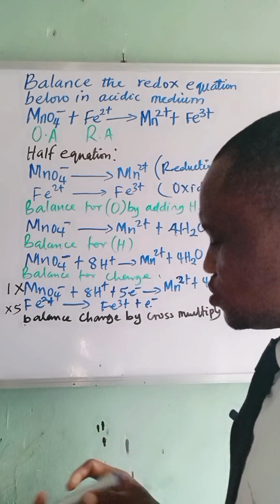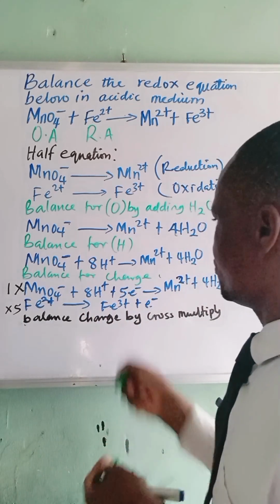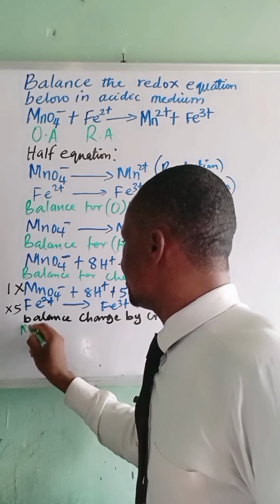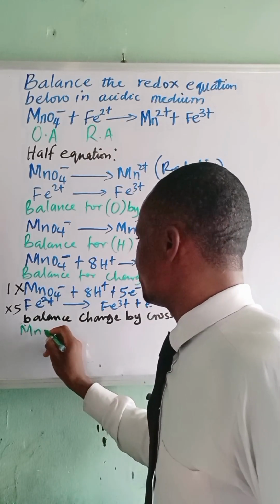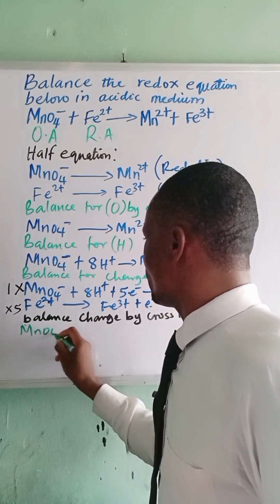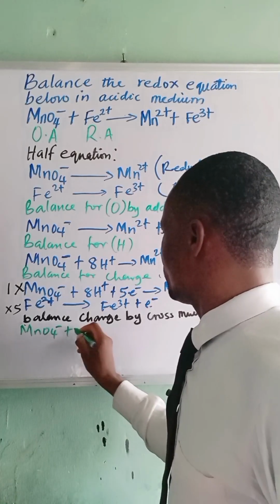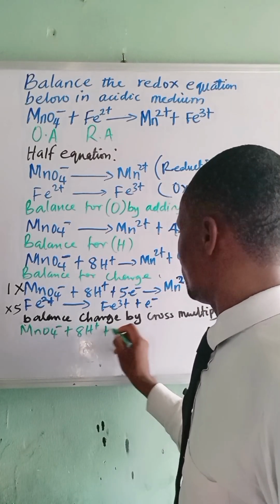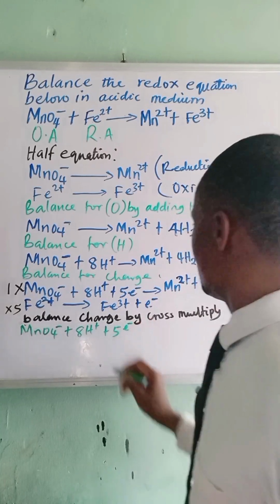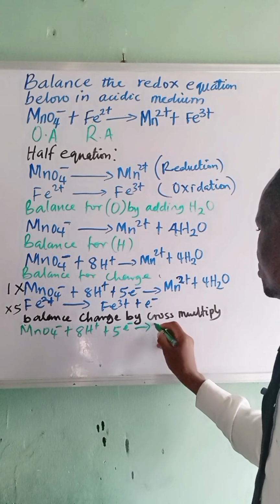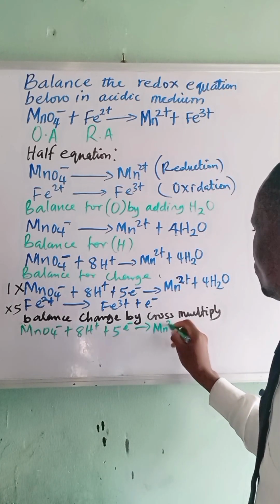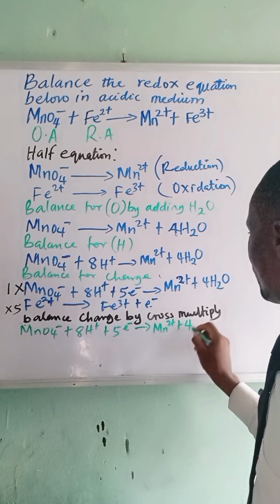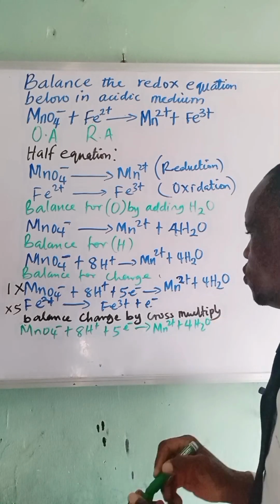Okay, let's go. Then you have 1 times this, which will give us MnO4 minus plus 8H plus plus 5e minus to give us Mn2 plus and 4H2O.